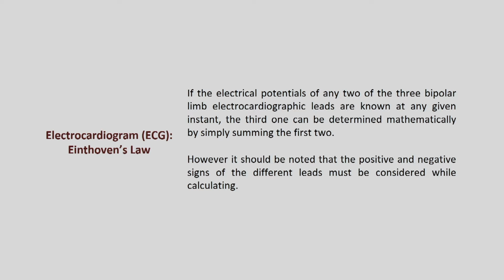Each limb lead has positive and negative values. If the electrical potentials of any two of these three bipolar limb electrocardiographic leads are known at any given instant, the third one can be determined mathematically only by summing up the other two.